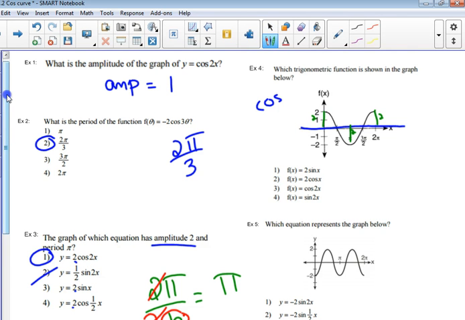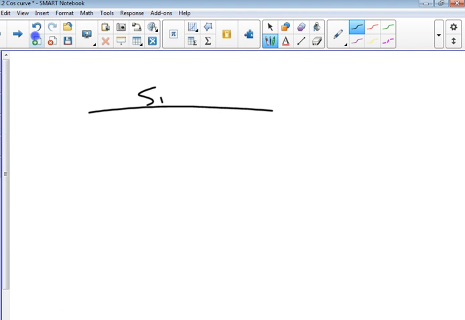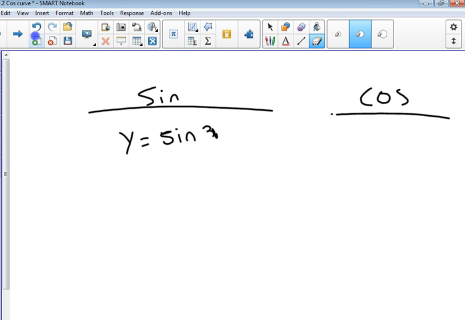Okay, do you have a calculator? Here's where we get some paper. All right, so here's your sine. Here's your cosine. Frida, your question is really good. Okay, so if I did y equals sine of... All right.